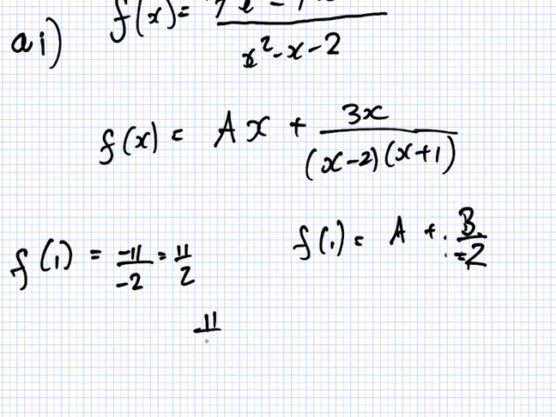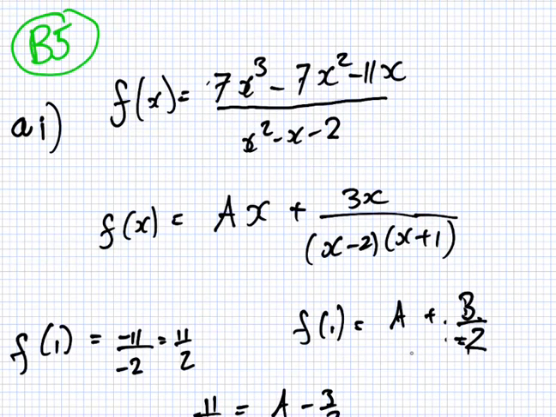So you could say 11 over 2 equals A minus 3 over 2. So then A would equal 14 over 2. What's 14 over 2? 7. So that's the second way to get the 7. I've just shown you two ways to get the 7, by long division or by some kind of comparison.